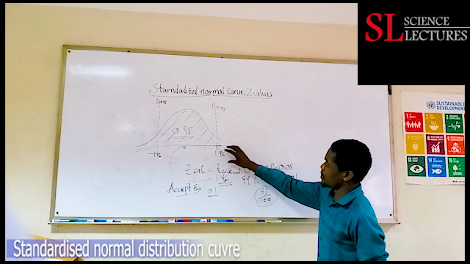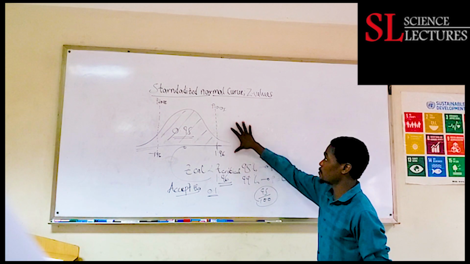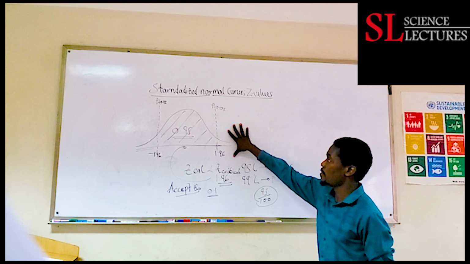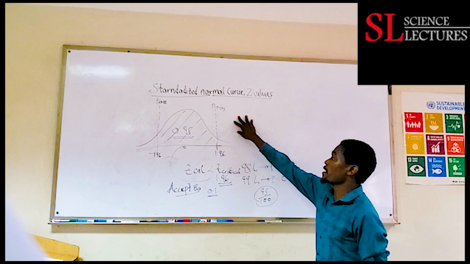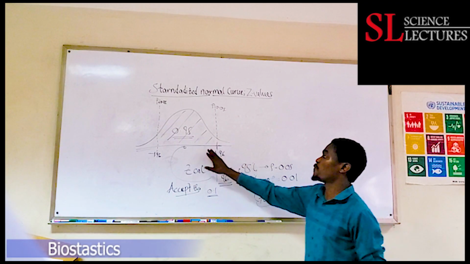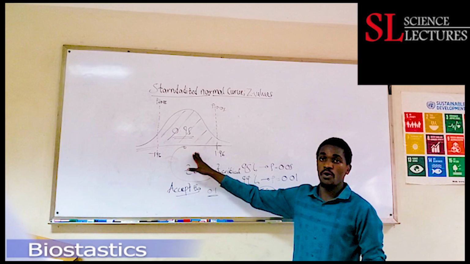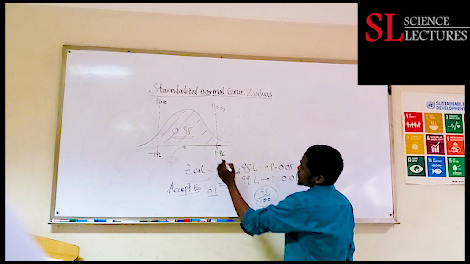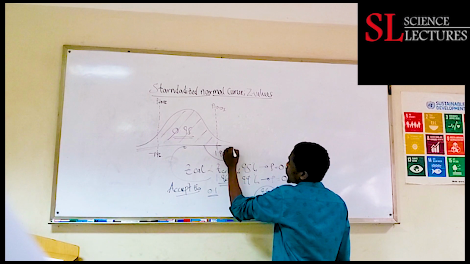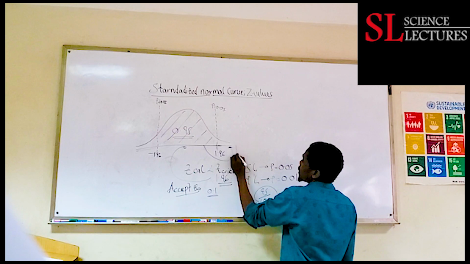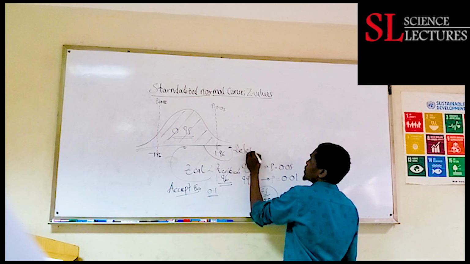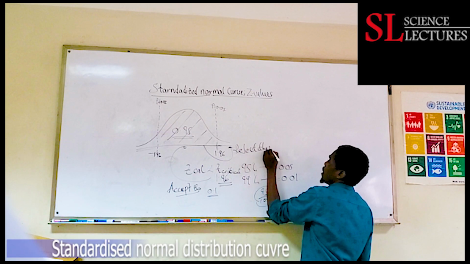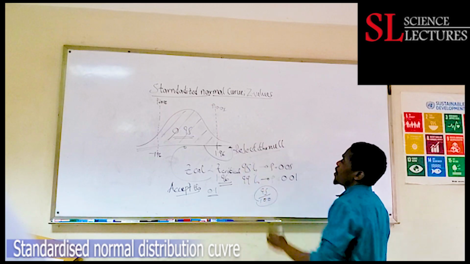At the z critical value at 95%, or probability of 0.05, we have 1.96. If we get a value less than the critical, we accept the null. If we get a value greater than the z critical, we reject the null hypothesis.